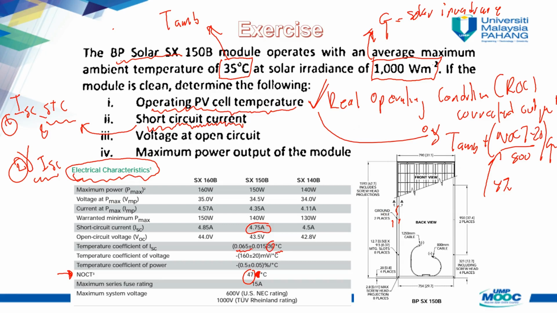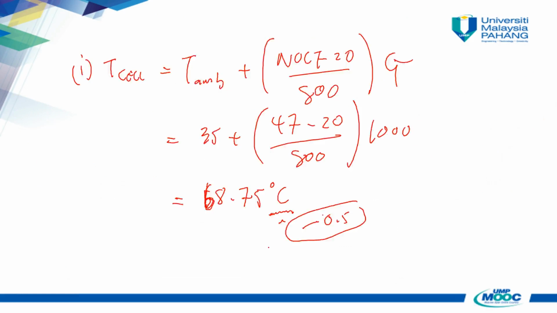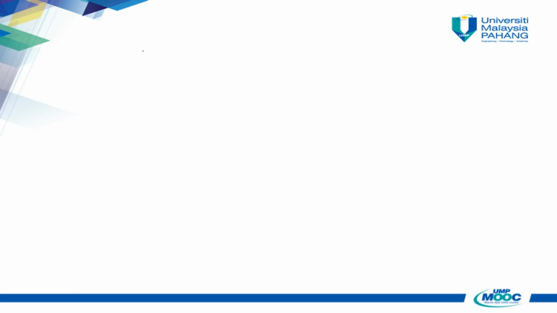Okay, ingat ni kita nak bagi kira jap. So, the second one is the ROC of ISC. I call it ROC senang.